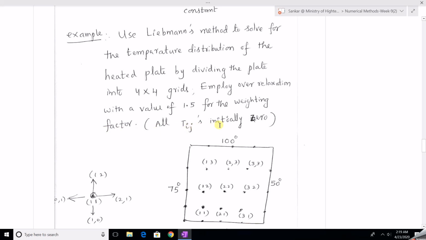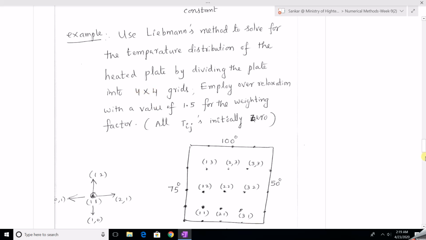All Tij's are initially 0. So the approximations of the temperature at the intermediate points are all 0 initially. Initial approximations are given as 0, and the lambda over relaxation factor is also given, lambda is 1.5. And it is a 4 by 4 grid they are saying.